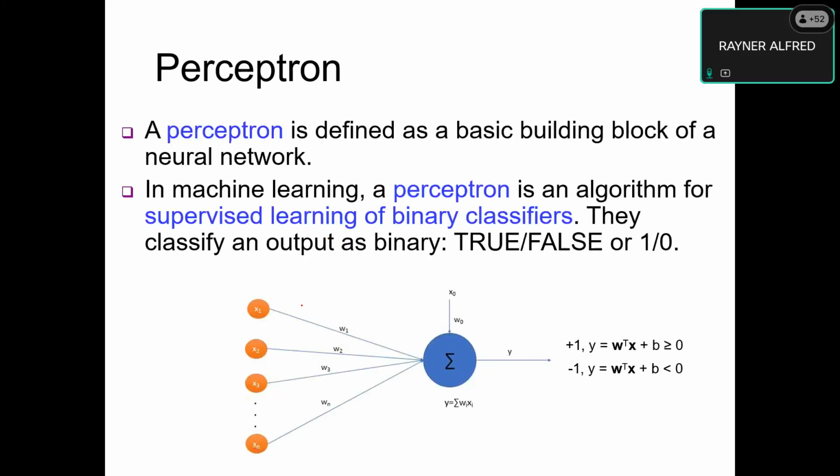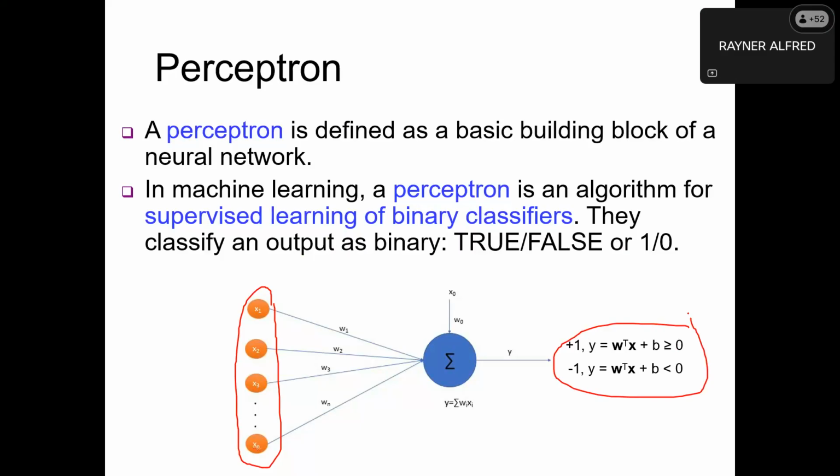So when we look at the topology of the perceptron, we have the input. This is your input. This is your output, because we only have positive and negative, right? So we look at only one neuron here, one layer and one neuron.